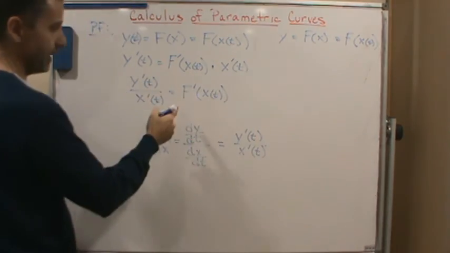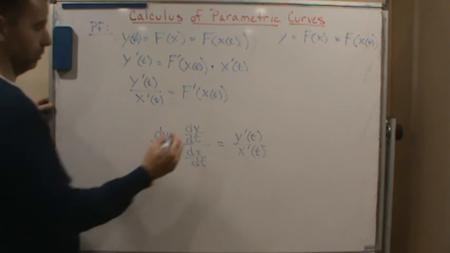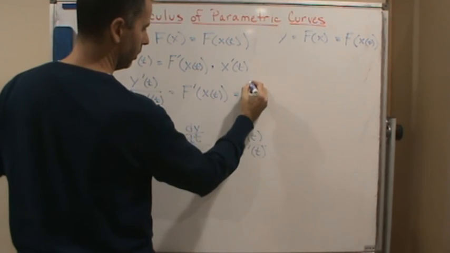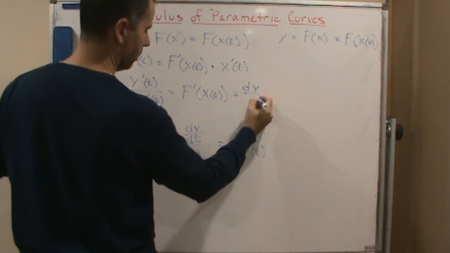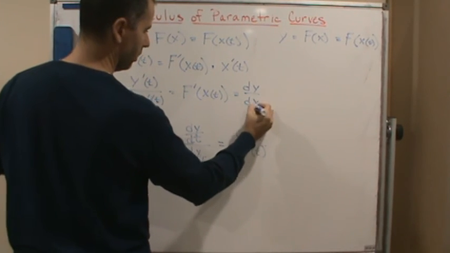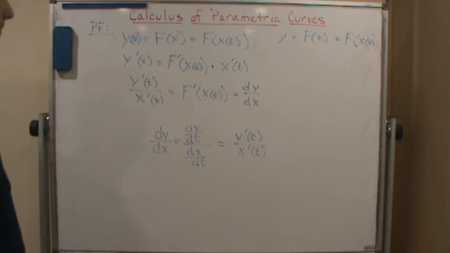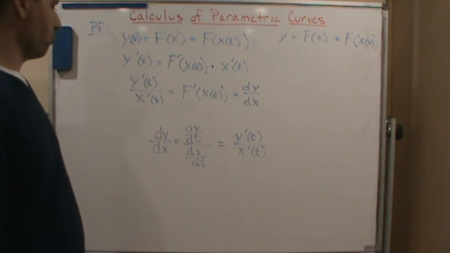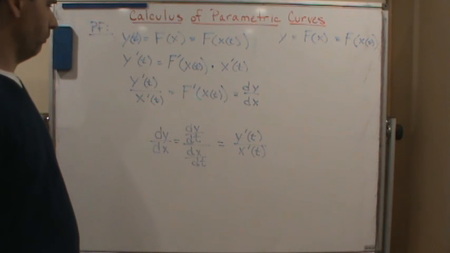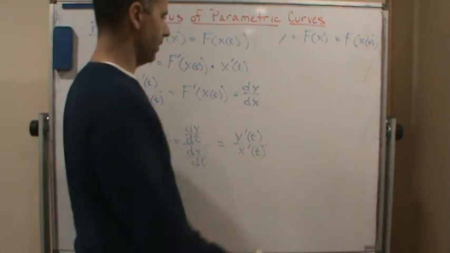The derivative of this is just equal to dy dx, right? And we're done. That's the end of the proof.